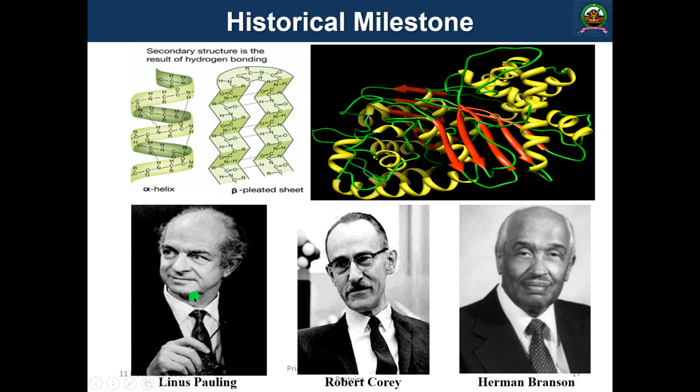Okay, for their great contribution they were recognized with the Nobel Prize, and they got the prestigious Nobel Prize. That is what I told you. The secondary structural studies also won the prestigious Nobel Prize. These three scientists won the prestigious Nobel Prize: Carl Linus Pauling, Robert Corey, and Hermann Branson. Okay, so this is the historical milestone.